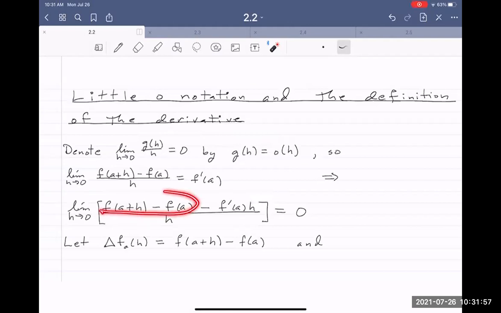Let me make some notation. Let's call this the change in f. So delta, usually in previous classes, you just called it delta y. And in this class, we usually call it delta y, but I'm going to use this notation. Let delta f sub a at h equal f at a plus h minus f of a.